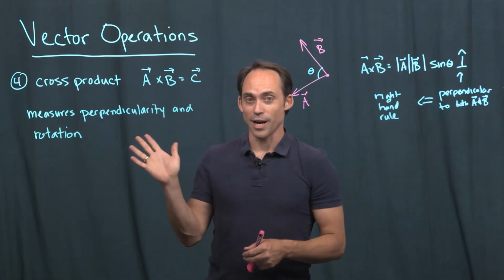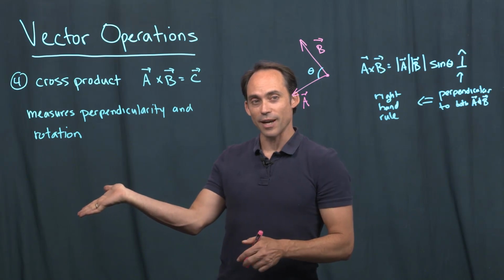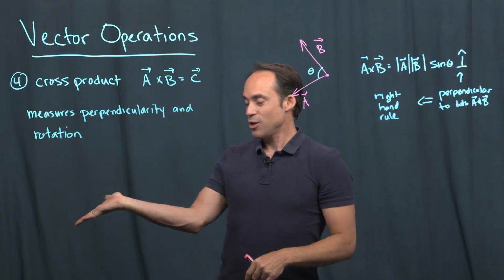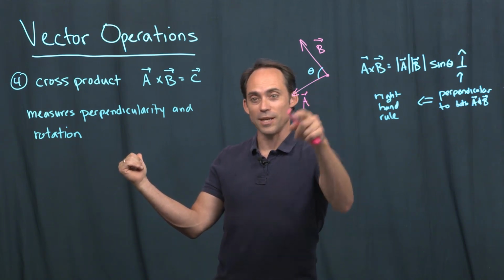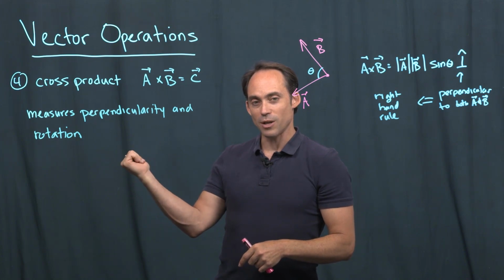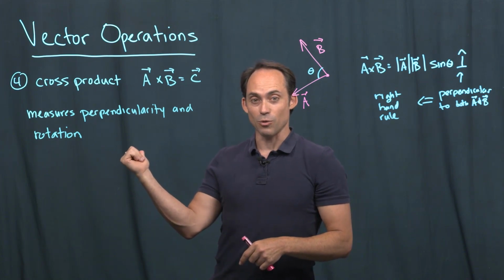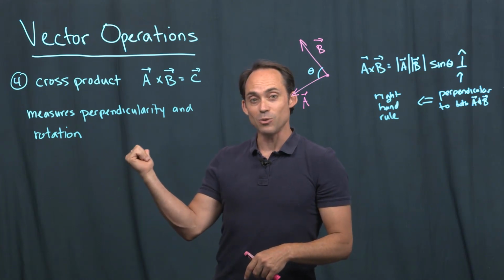You take your right hand, you point your fingers in the direction of the first vector, which in this case is A. You wrap your fingers in the direction of the second vector, which is B. So I'm going from A wrapping to B. And then my thumb is going to point in the direction of the cross product result. In this case, that thumb is pointing into the board.